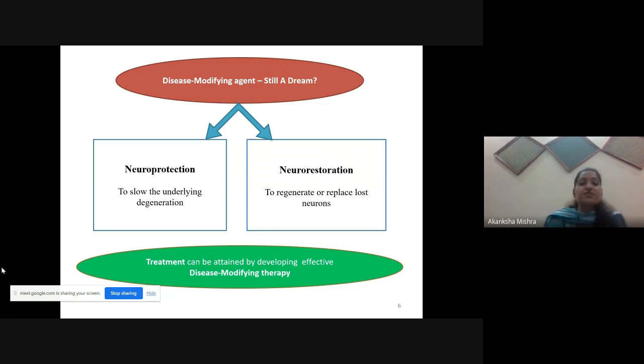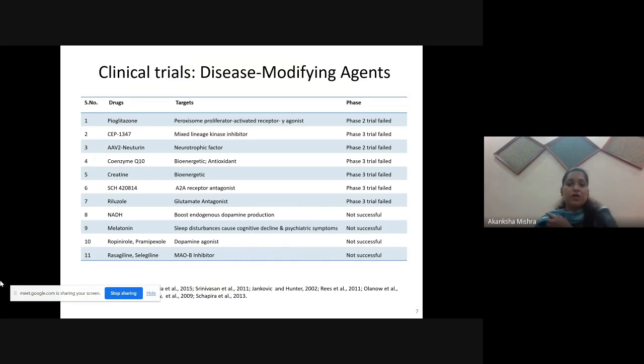Various research has been performed for this, but clinical trials have failed. There are some drugs in phase 3 clinical trials aiming at disease modification of Parkinson's disease. Since we talked about clinical trials, let me show you some examples of how these trials have failed, and how different mechanisms were involved, but the trials still failed.